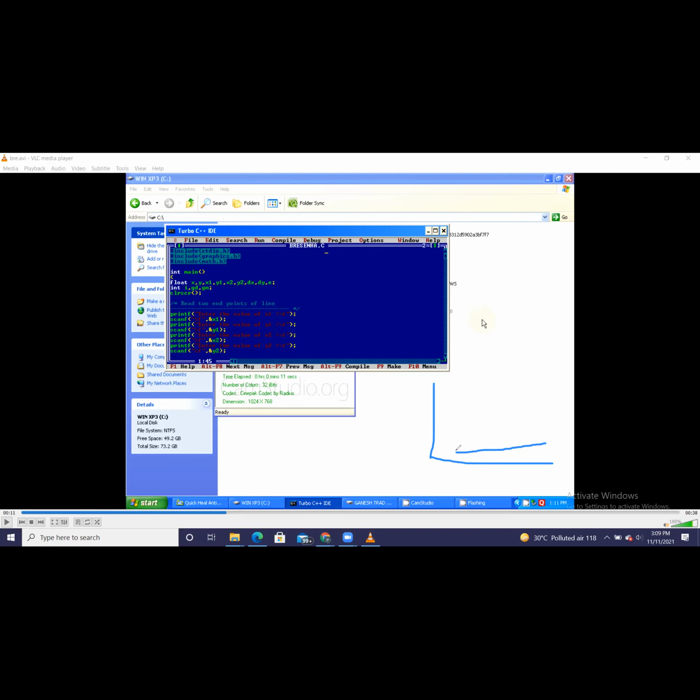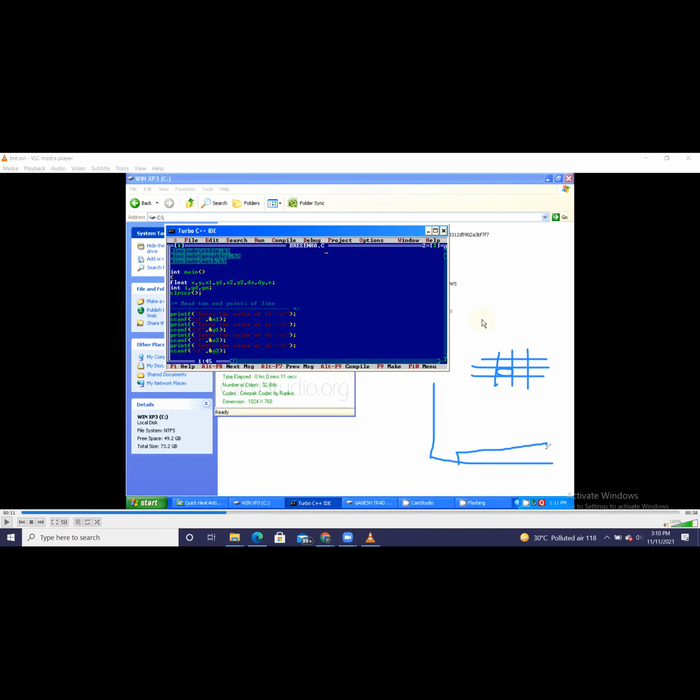So if I draw it in a pixel-like structure, this is your current value x1, y1, that is your first pixel. As the line is more inclined on x than on y, x increments faster.